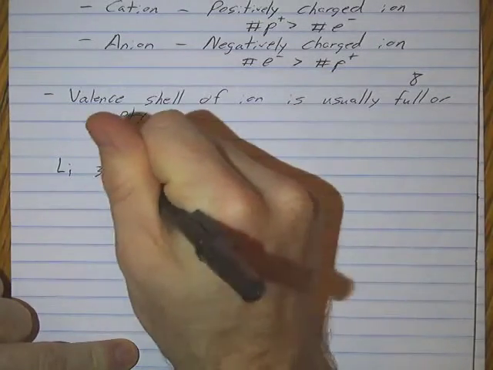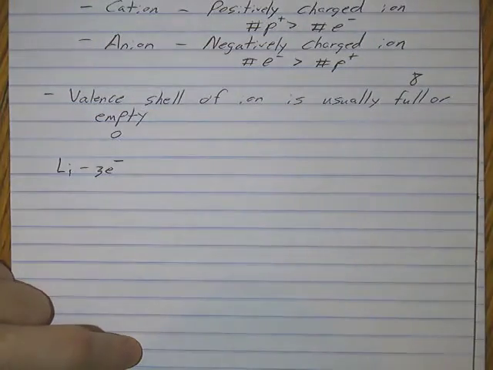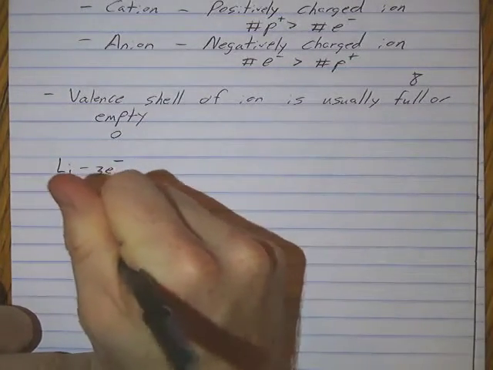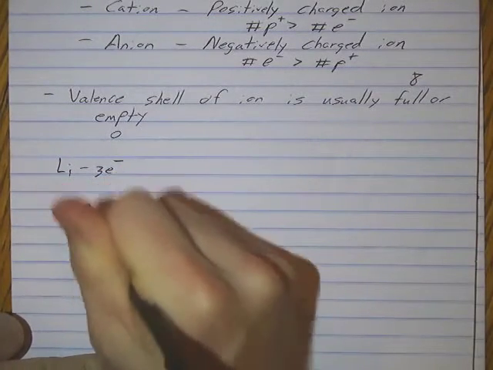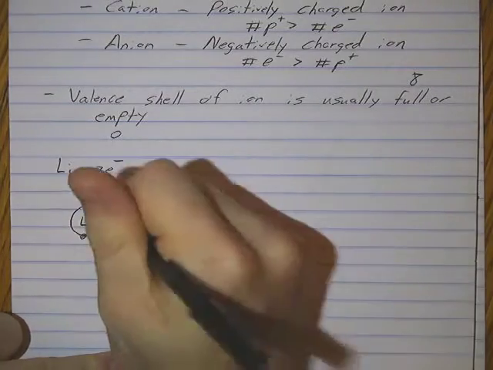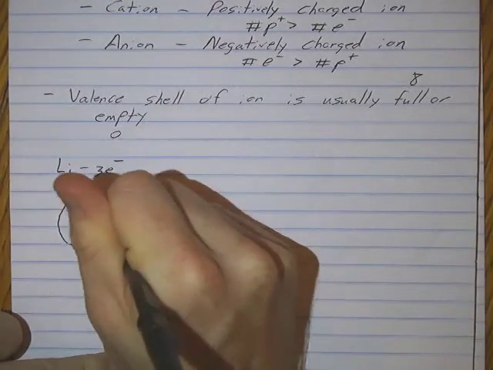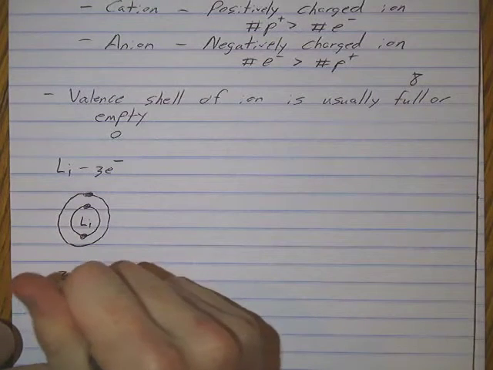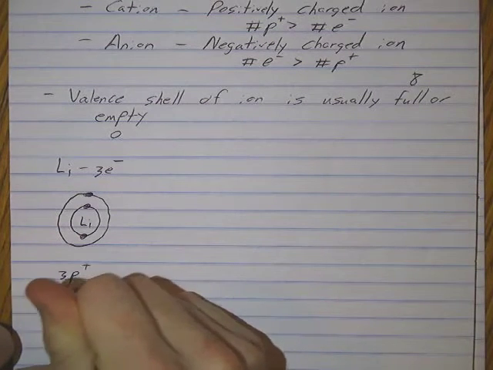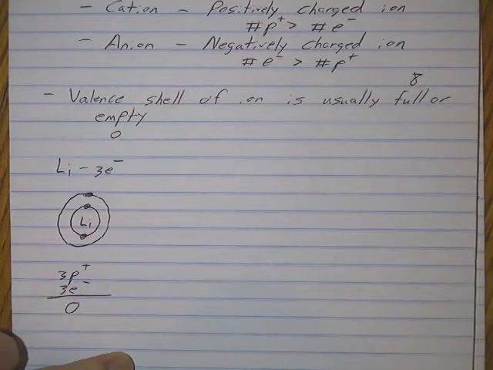And in uncharged lithium, where the number of protons equals the number of electrons, that number is going to be 3 electrons. Okay, so you'd have your lithium in the middle. You'd have your first shell with your 2 electrons. You'd have your second shell with the 1 electron. Okay, so 3 protons, 3 electrons, no charge.